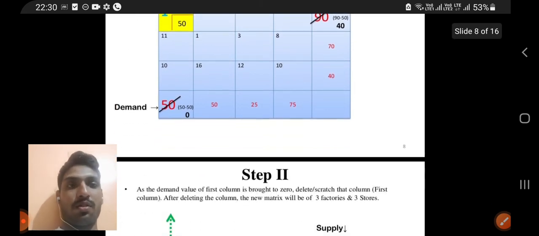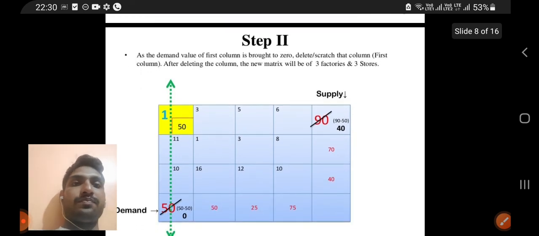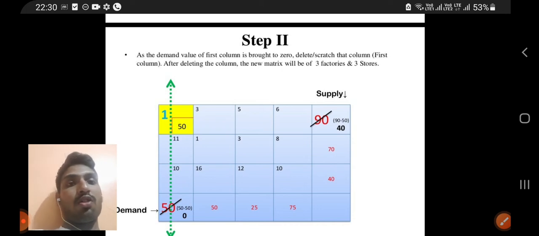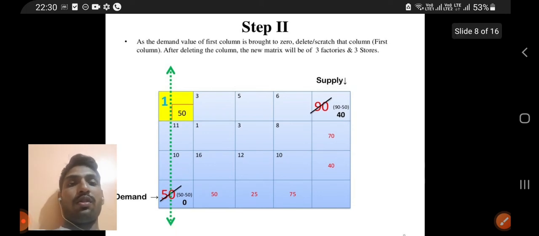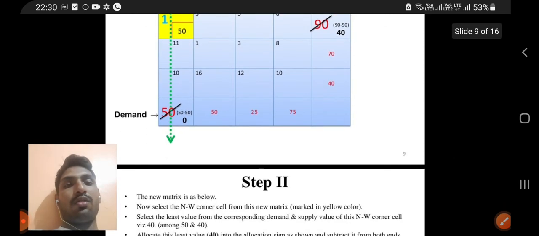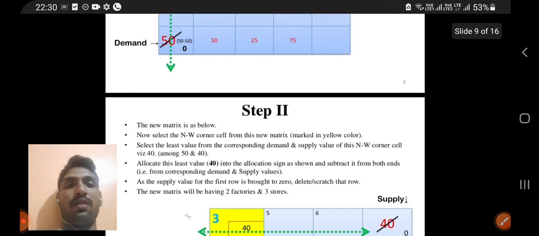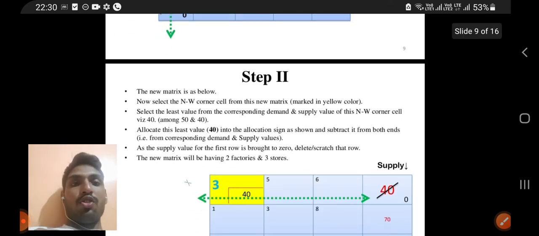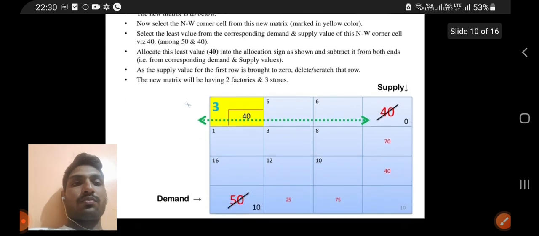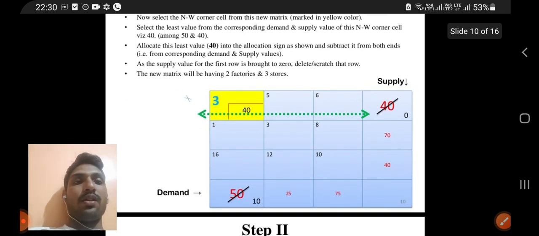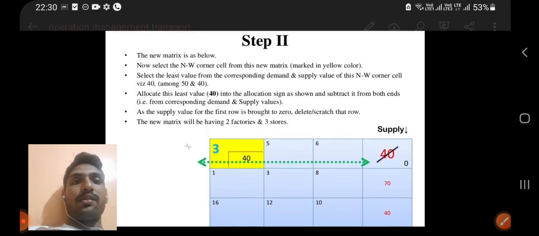As the demand value of the first column has become 0, we delete or scratch the whole column. If you see, we are cutting the first column. Then again in step 2 we get the new matrix as shown below.